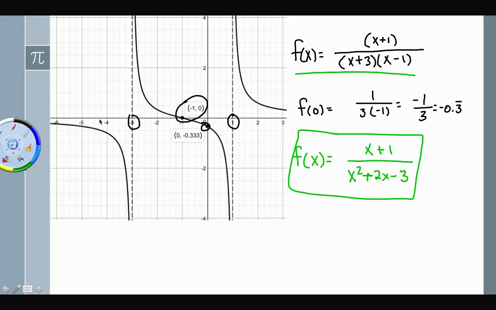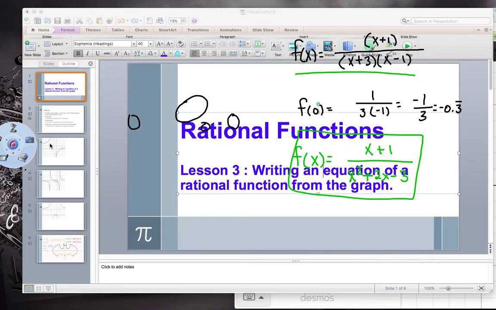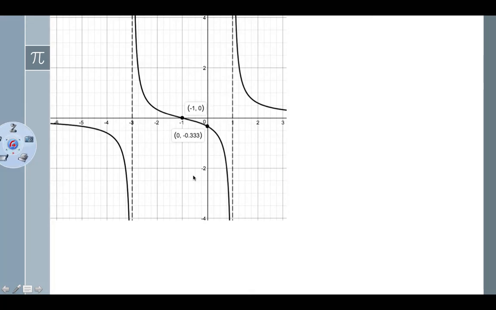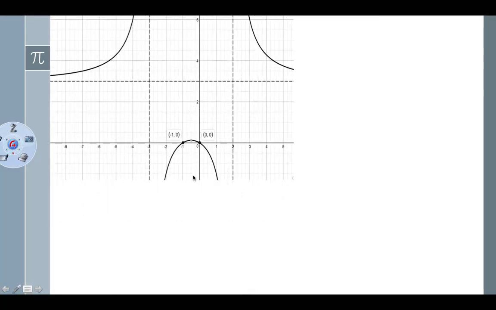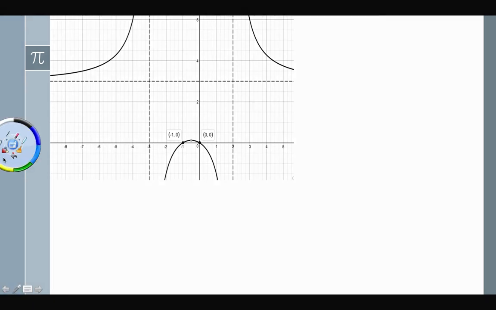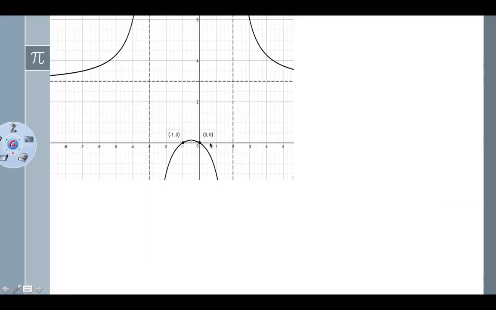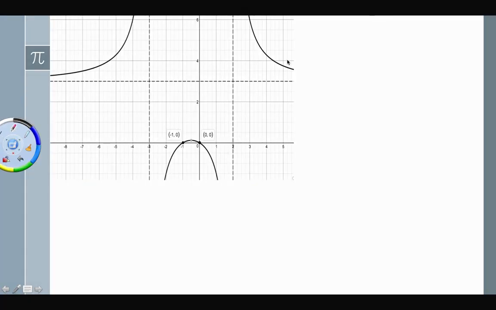All right, we have one more example to finish up here. And it's going to look like this. All right, so again, same idea.